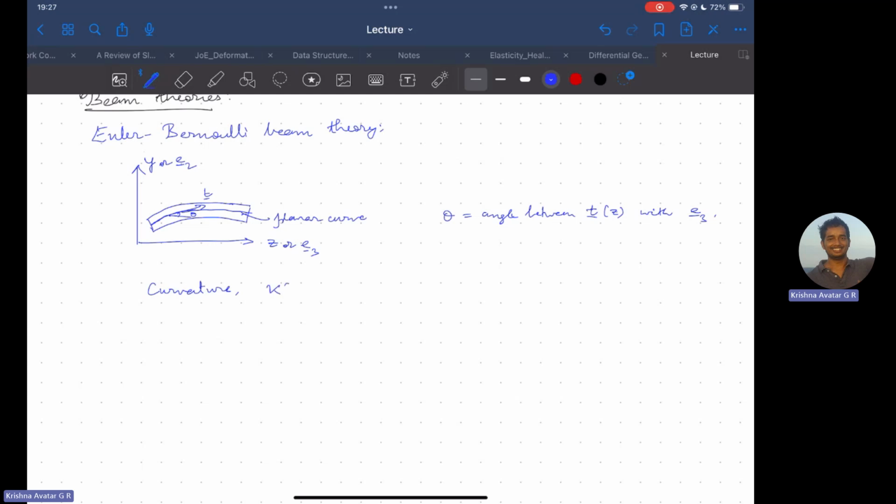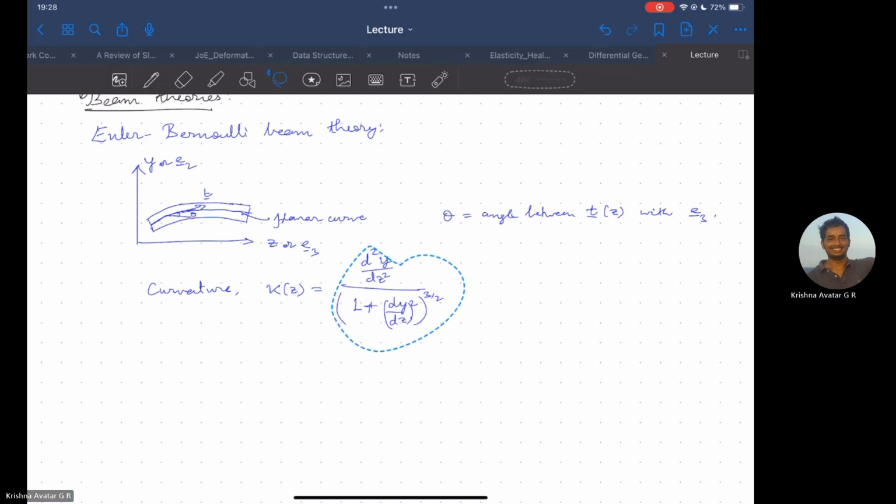Curvature in terms of z at every location z, we can write as d square y by dz square divided by 1 plus dy by dz whole square to the power 3 by 2. So far, so good.